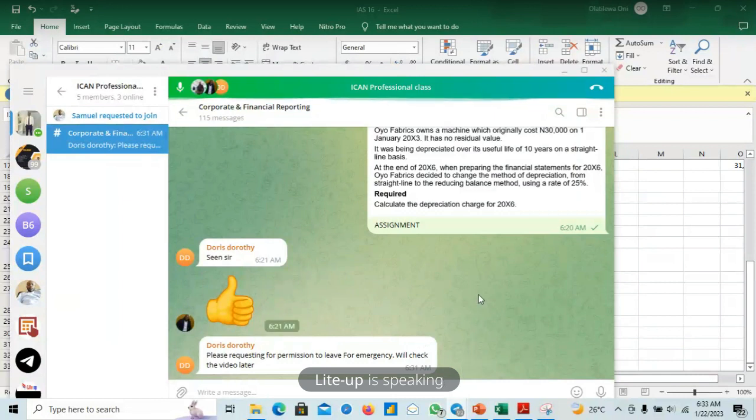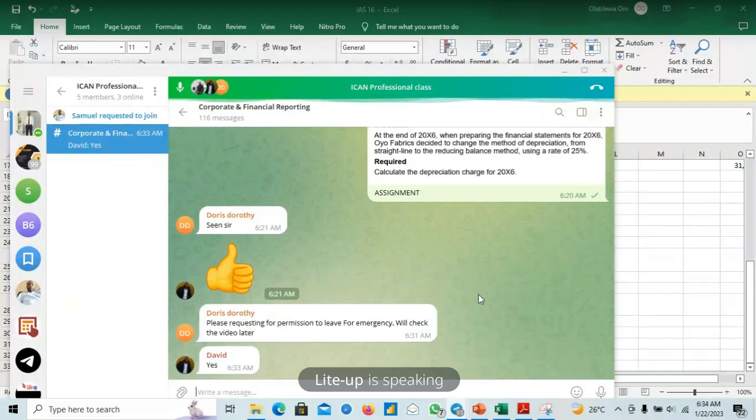That's understandable. Take care. Actually, I don't want to drag it to 7 o'clock today. What I will do is, usually this standard is the largest standard. Okay, thank you very much. So it will take a longer time. Like we can have 3 classes on IAS 16, and because I must teach it thoroughly, there is no way you can escape questions on IAS 16 in the examination.